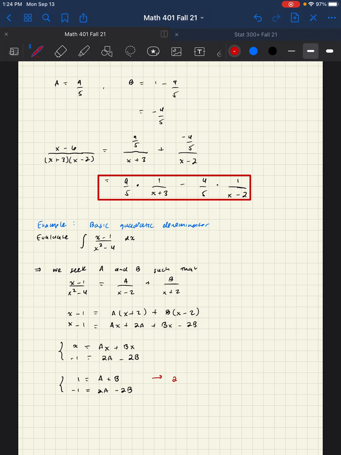I'm going to call this row 1 for reasons that will be clear later. And that's going to give me 2 equals 2A plus 2B.